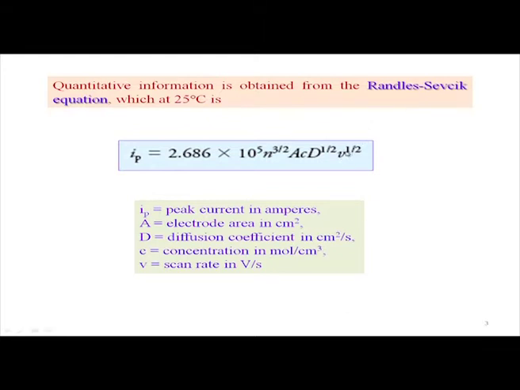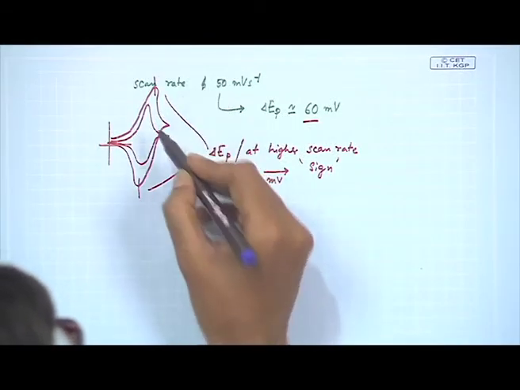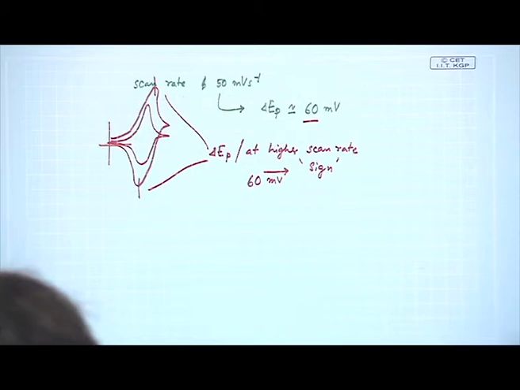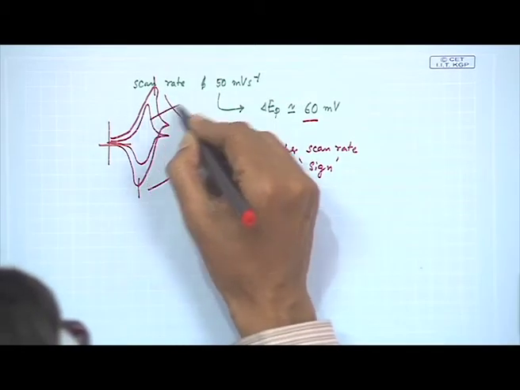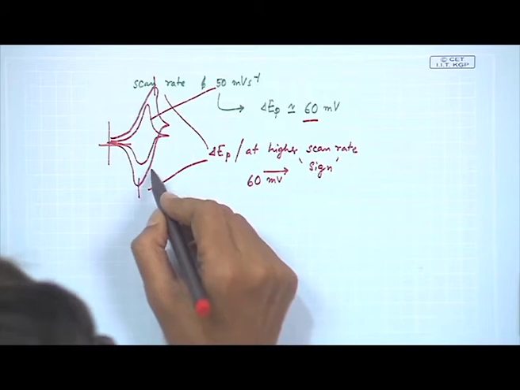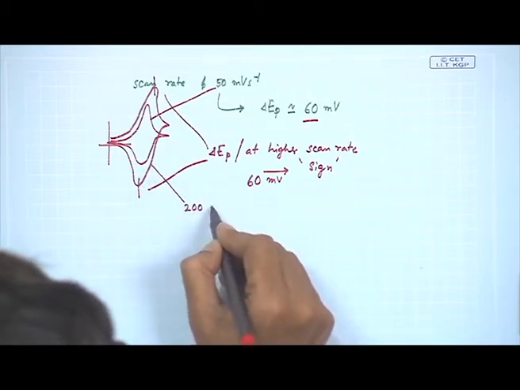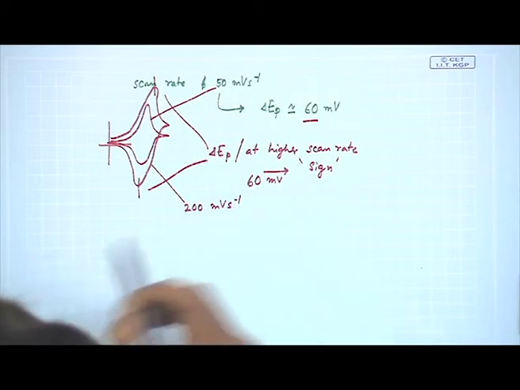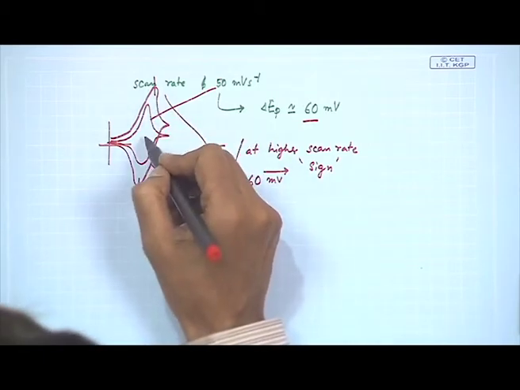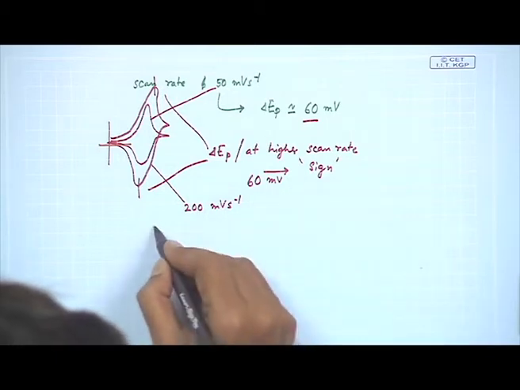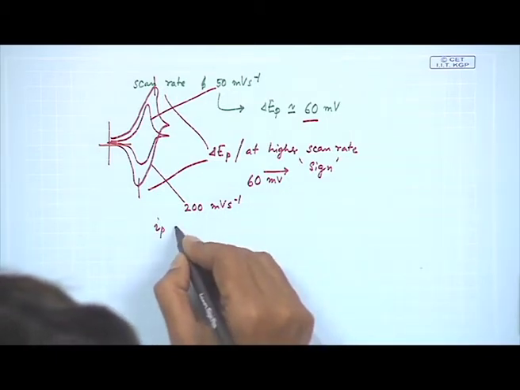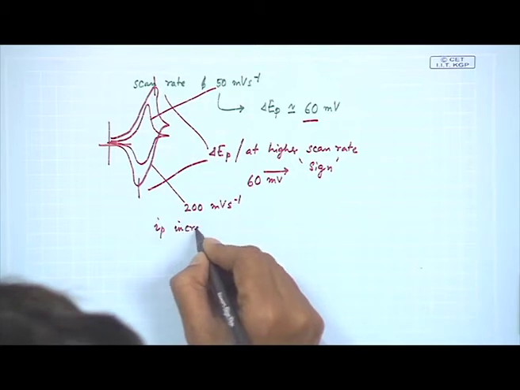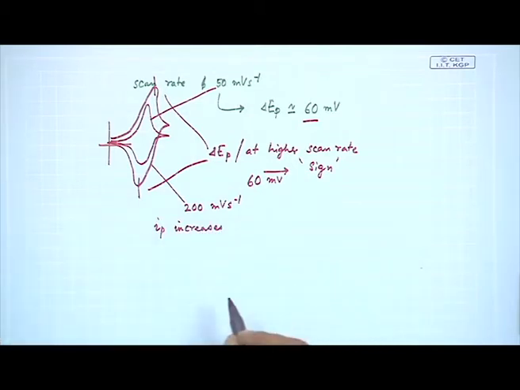When the scan rate is increasing, as we have just seen, the first one is for say 50 millivolt per second, and this one is for more than 50, say 200 millivolt per second. In both cases, compared to this current, this other current is increasing. So, your peak current IP increases. That is being quantified with the Randles-Sevcik equation.